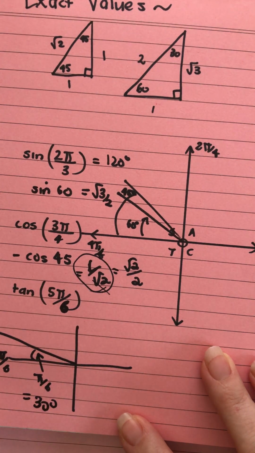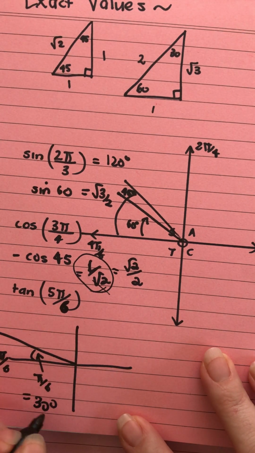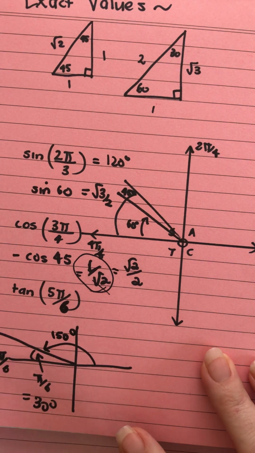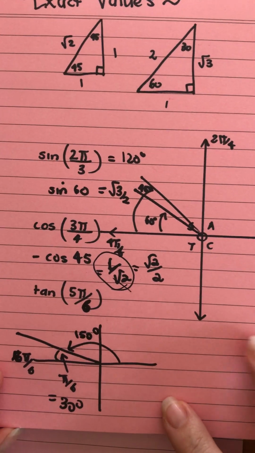The other option is I can change that to degrees. So 6 times 180 is the 6 pi on 6. This is my 5 pi on 6. So 5 times 180 divided by 6 gives me 150. So 150 I know that is there. So the 30 degrees is there, like I already worked out.